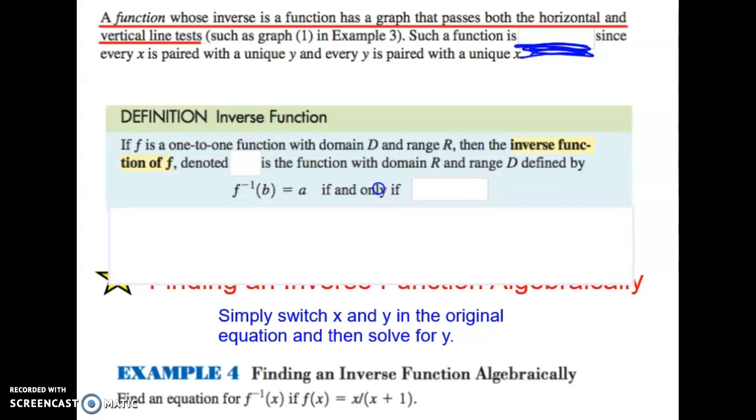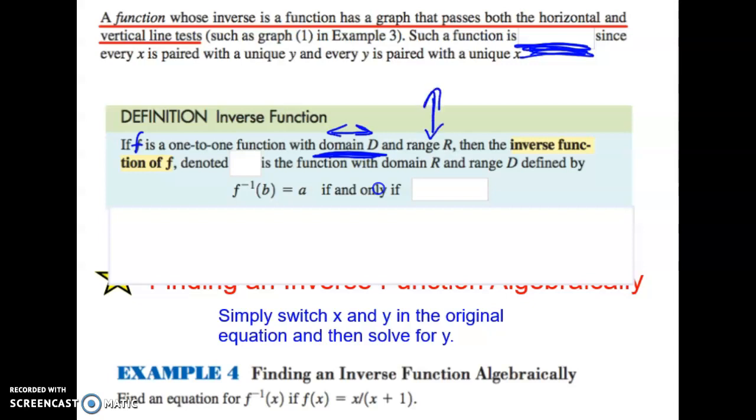So if f, and f is just the name we're going to call some function f, if f is a 1-to-1 function with domain D, so domain, which way does domain go? Yeah, that way. Domain is all your x's. And range, which way does that go? Up and down. Yep.